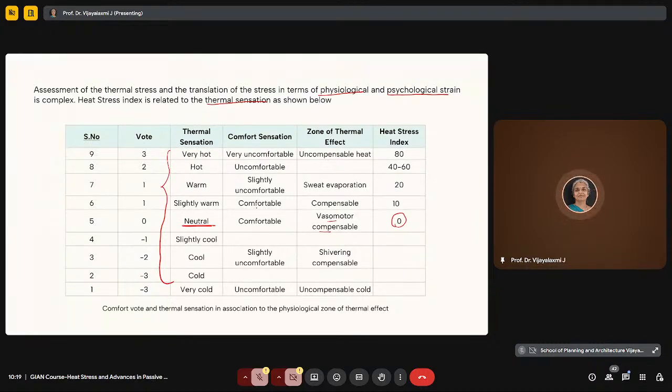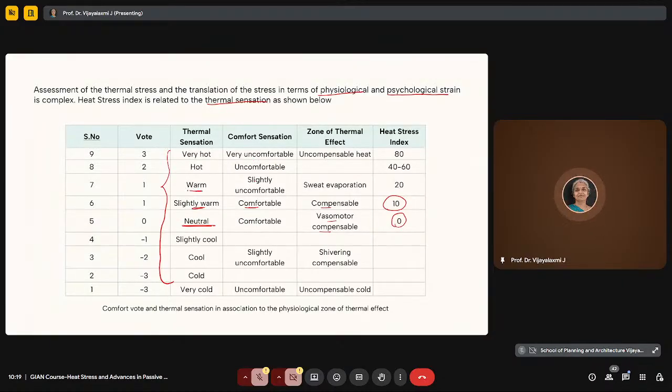Then slightly warm. Even when the thermal sensation is slightly warm, we feel comfortable, or we are able to manage the scenario, and that is between say 10 to 20 heat stress index.